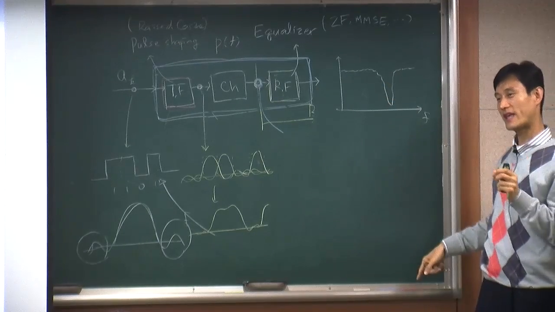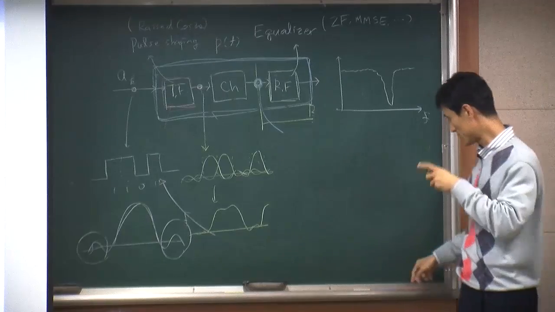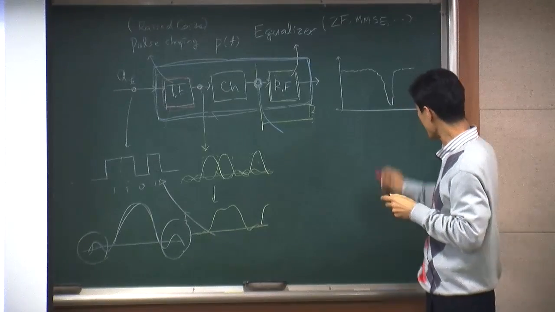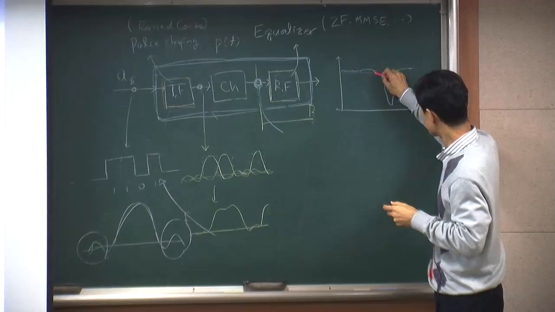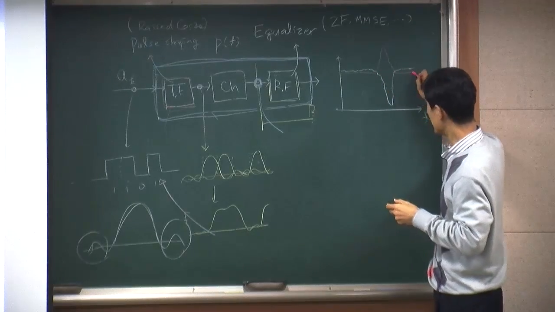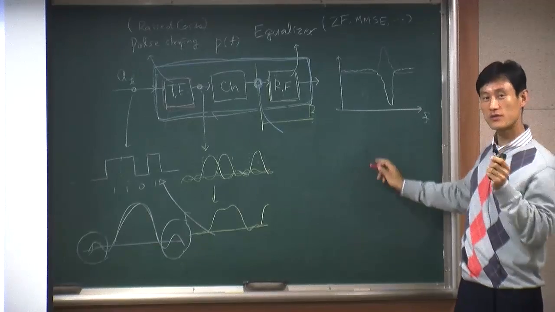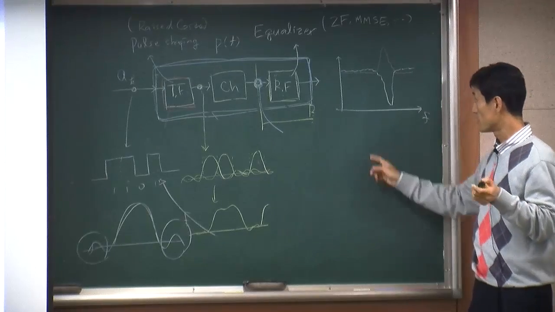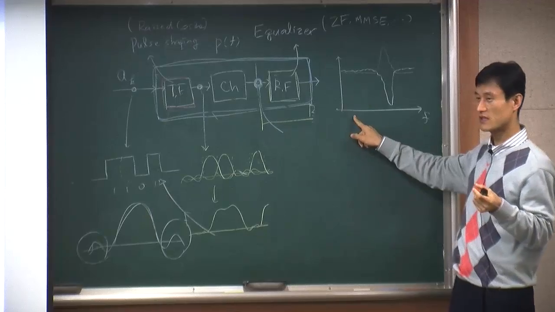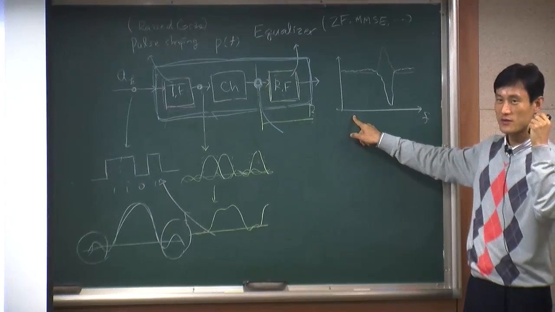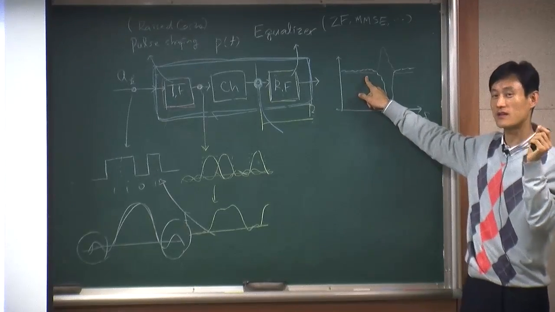What the hearing aid does is put some gain here, like an amplifier for this particular frequency. For this particular frequency, he can hear anyway, so the hearing aid does nothing.